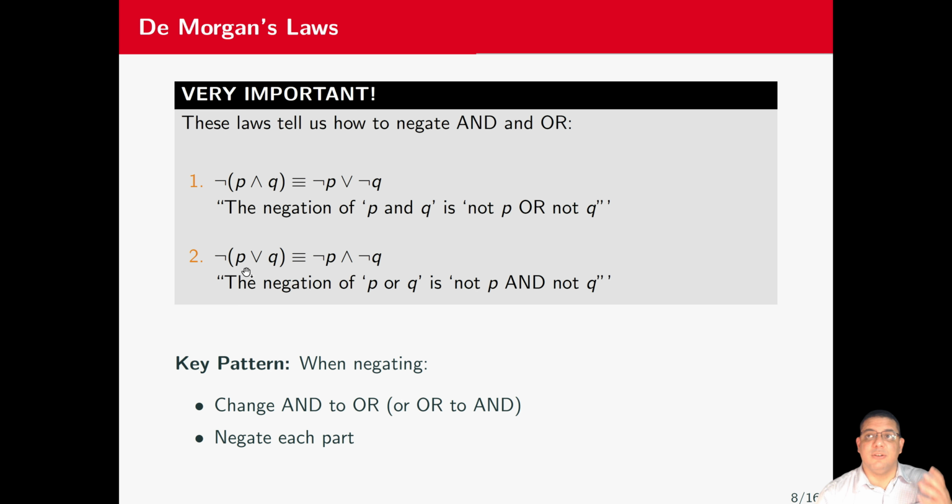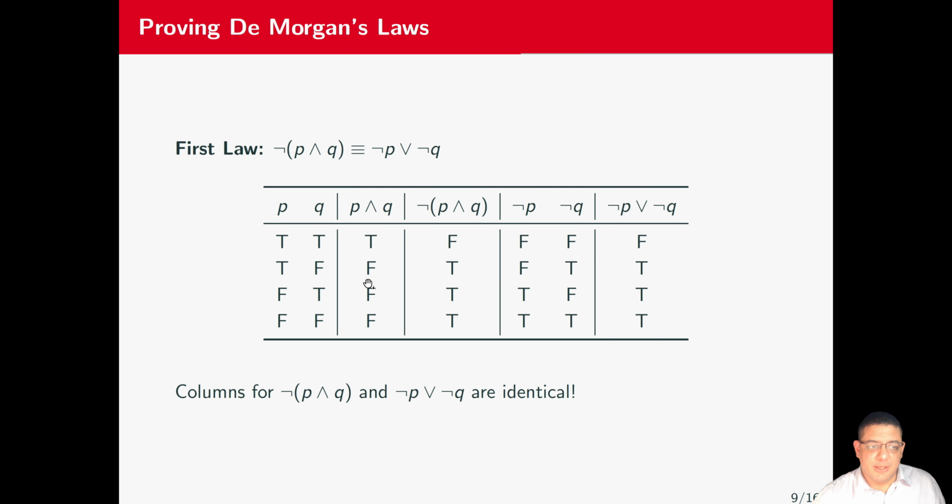But to negate the or, if I want to negate both of those, I need to negate both of them at the same time. And that's why it becomes an and. So in general, the key pattern is to change and to or, or or to and, and to negate each of the parts. So this is super important when you're doing De Morgan's law.